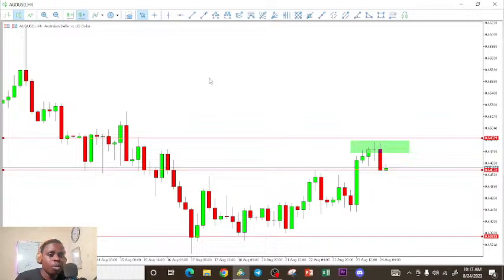Someone is saying, which broker are you trading currencies on? So I trade currencies on the same broker also, but I use the financial account and the synthetic account.